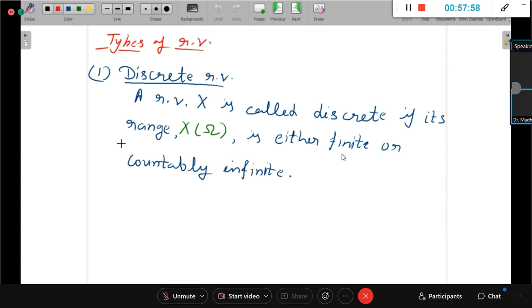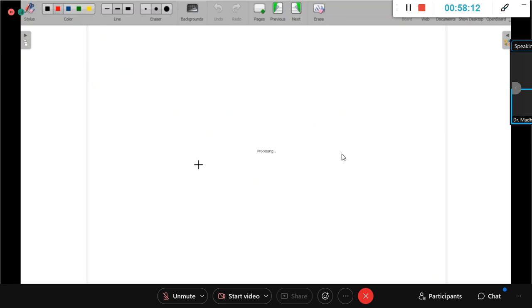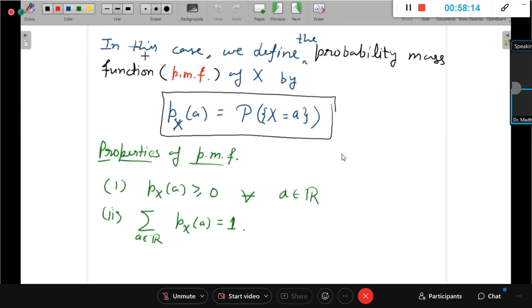Types of random variable, let's define now clearly. Discrete random variable. A random variable X is called discrete if its range is either finite or countably infinite. Now, in this case, we define the probability mass function, which we denote as p.m.f. of x.